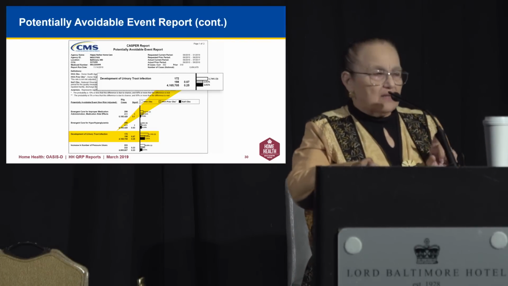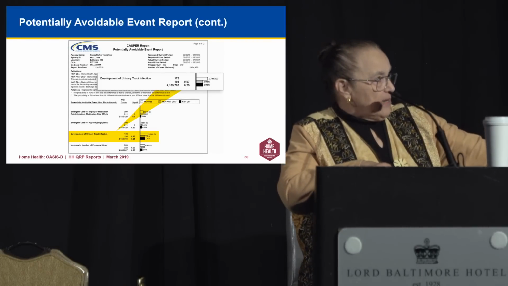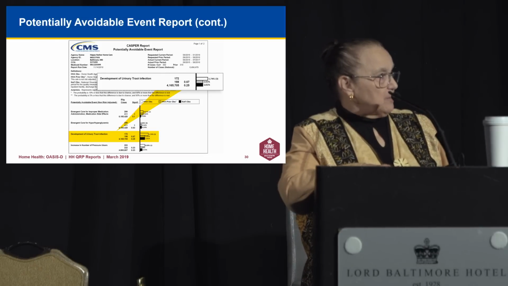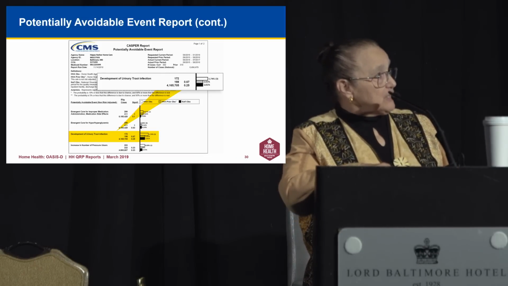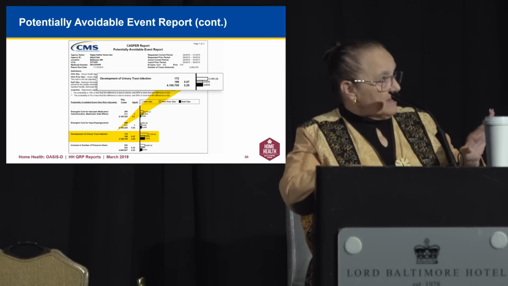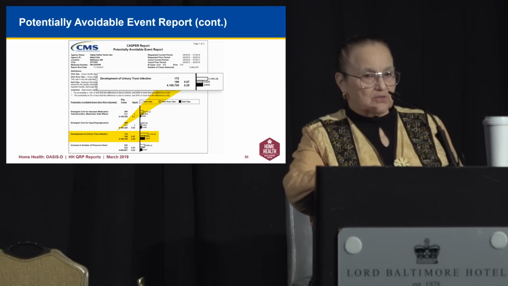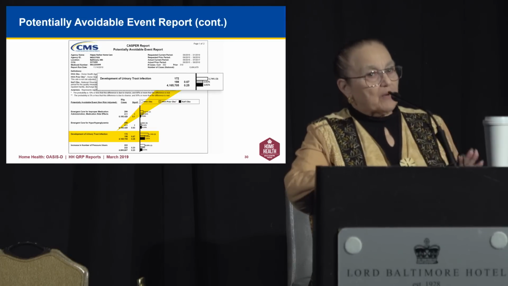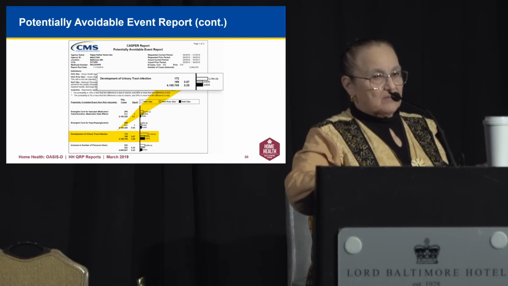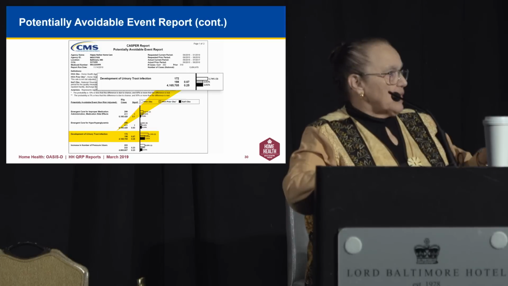When you look at the yellow, you're going to be able to see here, for instance, with development of urinary tract infection, you're looking at the agency observed, the agency prior, and the national observed. Bear in mind, you want to look closely at those titles. This is observed.